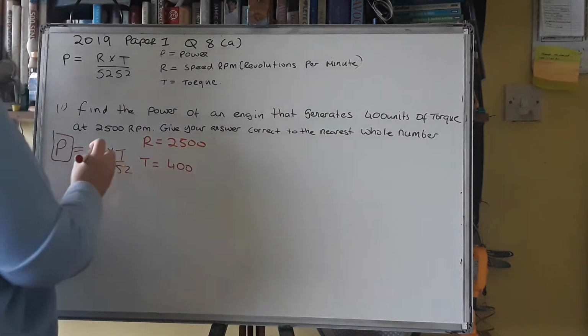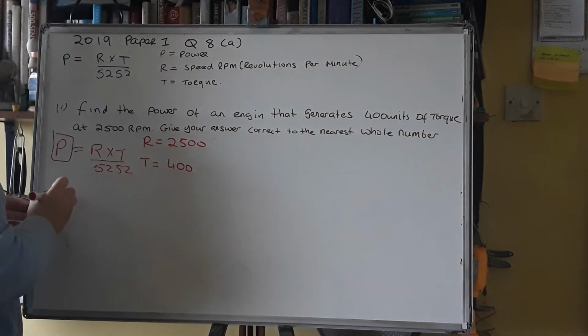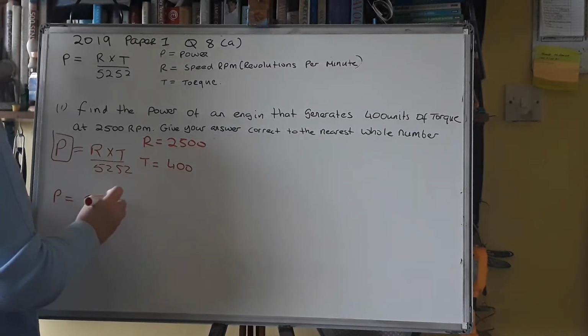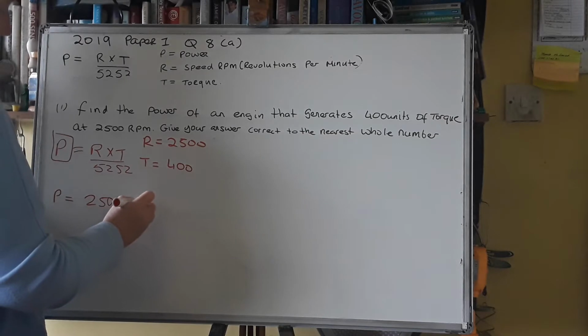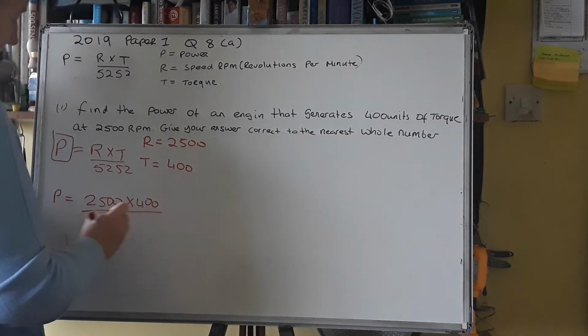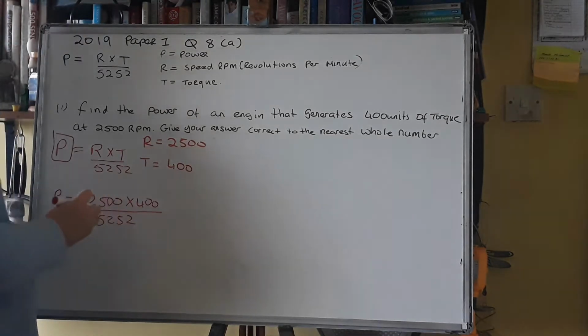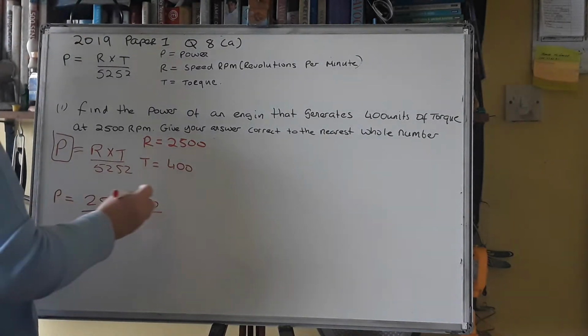So now you simply put those in instead of R and T. So P is 2,500 multiplied by 400 and divided by 5252. Now you can just put that straight into your calculator at this point if you want.